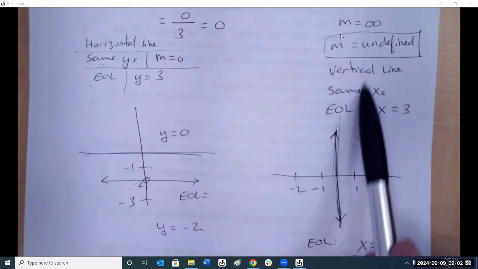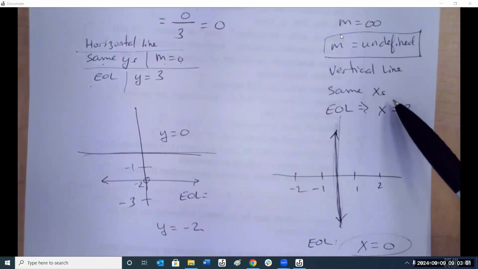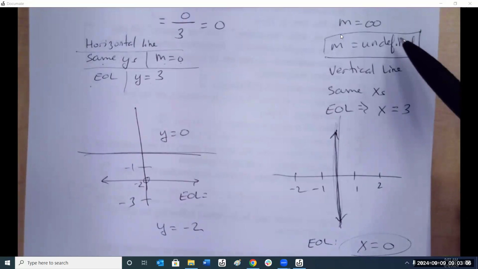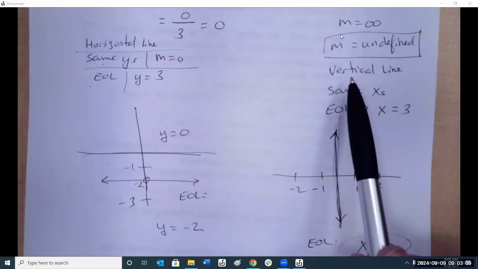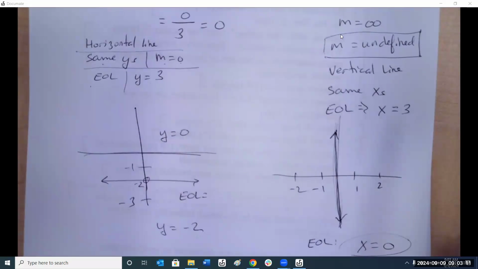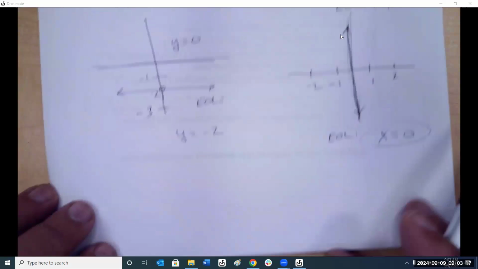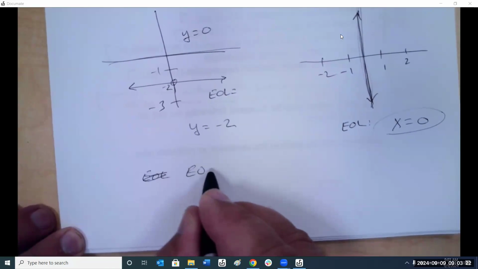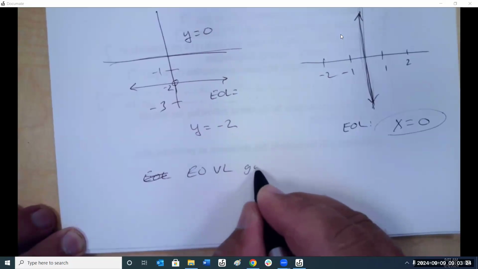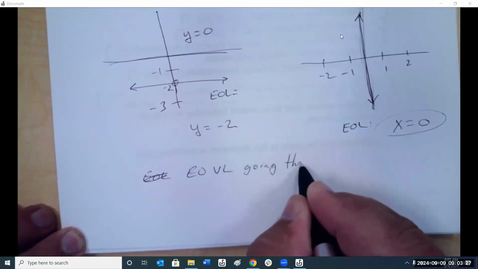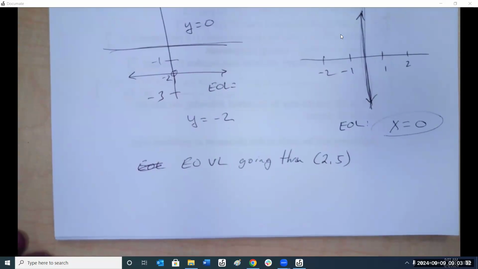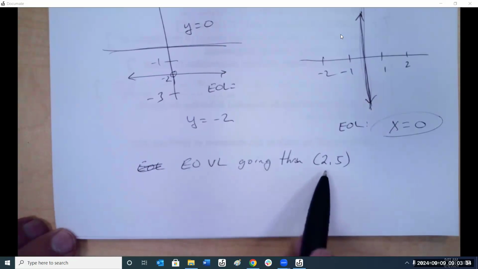Why? Because you'll see this little short stuff in word problems with vertical and horizontal lines. It could be any one of these. It could ask, what is the equation of the vertical line going through the point 2, 5?